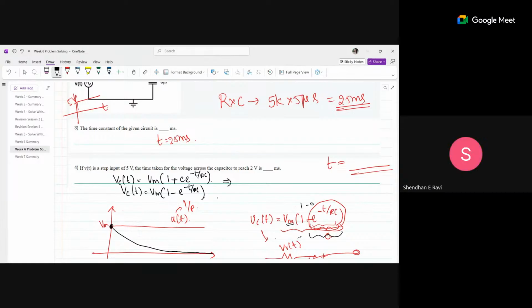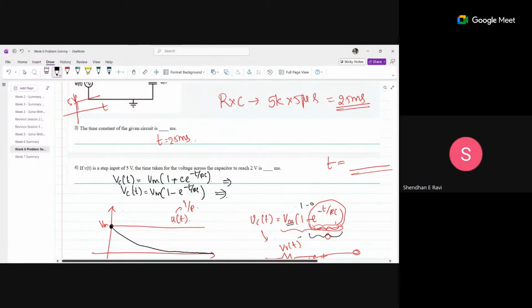Yes, ma'am. This is one step less. And so the answer will be, I think, 5 milliseconds. 12.75? Yes, the answer is around 12 to 13. Okay. It was like ln 3 by 5 into 25 milliseconds. Yes, ma'am. But ma'am, ln 3 by 5 will be, I think, 0.22.